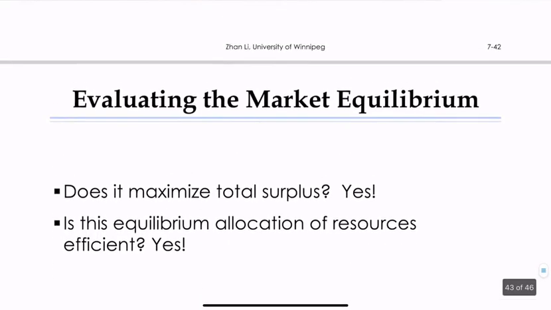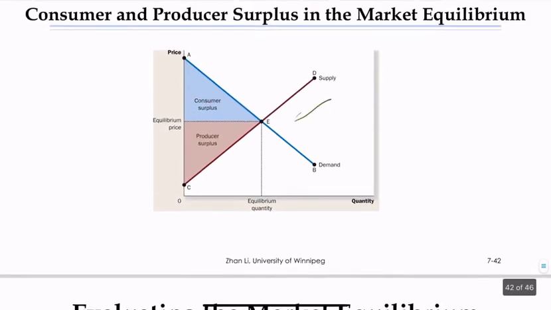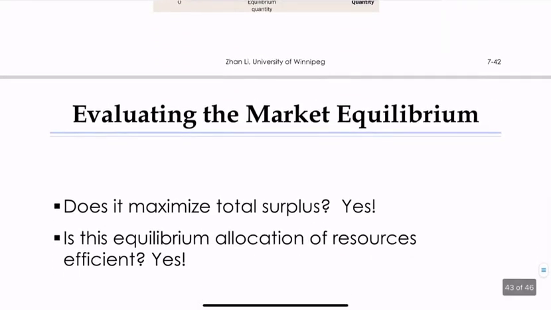Now, the question is, if you look at this picture, you could answer the following two questions. Does it maximize total surplus? And is the equilibrium allocation efficient?